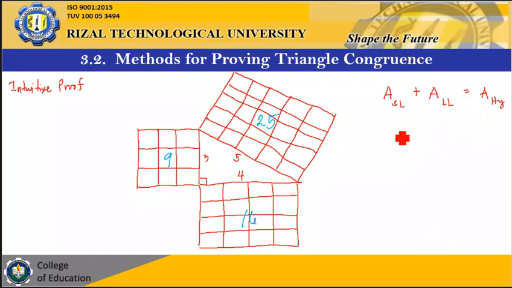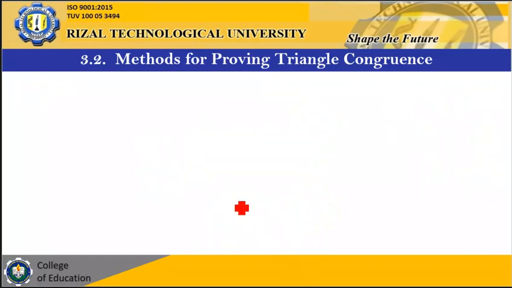And that is, 9 plus 16 is equal to 25. And which is, we know that 25 is equal to 25. And we're able to show the proof of this theorem intuitively. Okay? Next, let's have the algebraic proof.